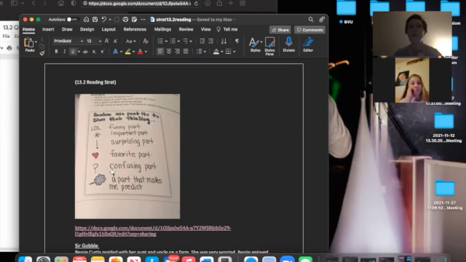So if you're reading a part and it's funny, you can write LOL by it. There's the little asterisk or the star. If a sentence or a paragraph sounds important to you, put an asterisk. If something surprises you, put an exclamation point.